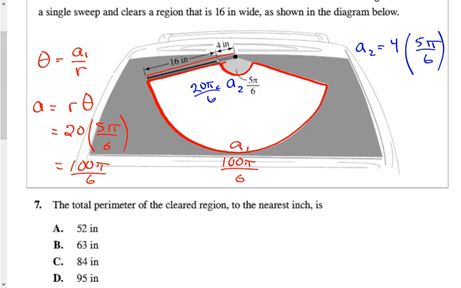And then I added the 2 arcs together, plus 2 times 16, because this is 16 and this is 16 there. So you added that all up, and we do get 95 inches. Good, thank you.